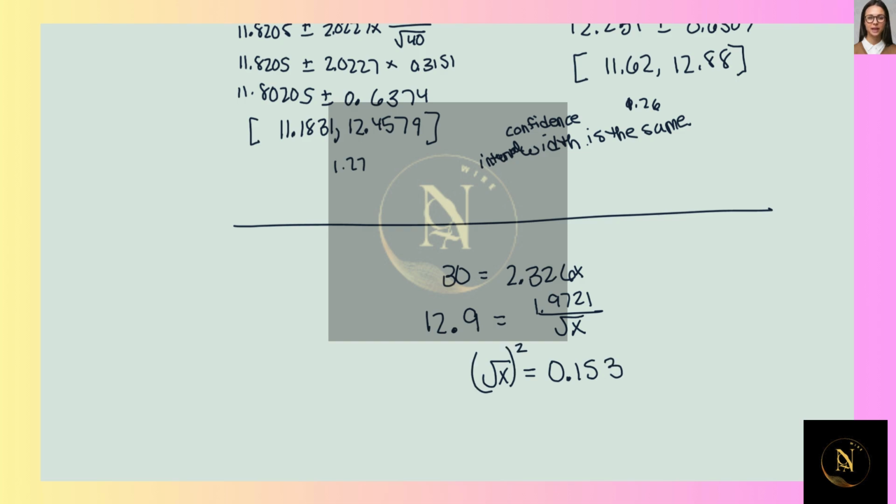And so you're going to square both sides, and so x equals 0.02337. So a sample size of 1. I'm thinking that there's some type of a typo here.